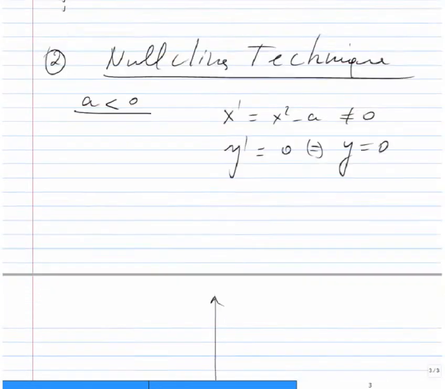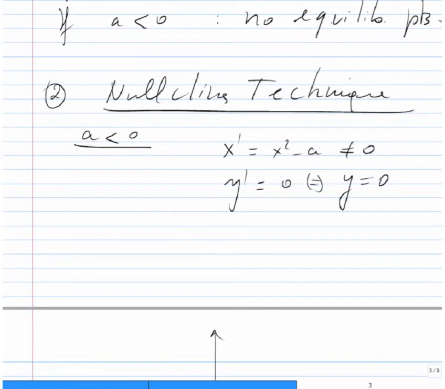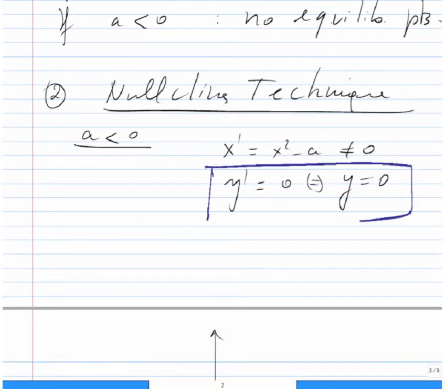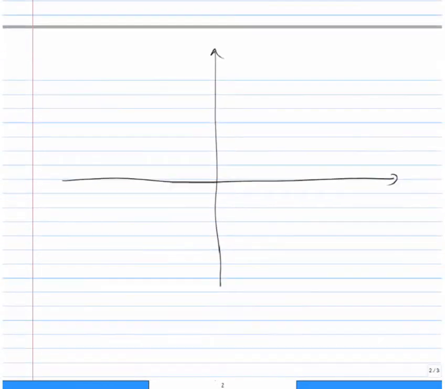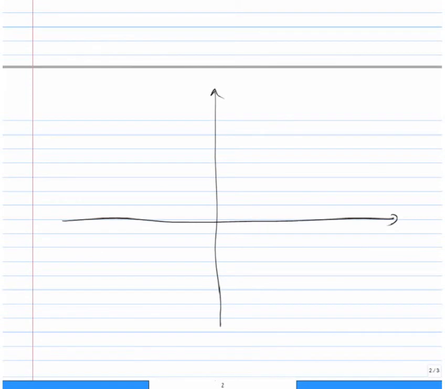Let's draw the nullclines in blue. Here we draw y equals 0, that's the x-axis.